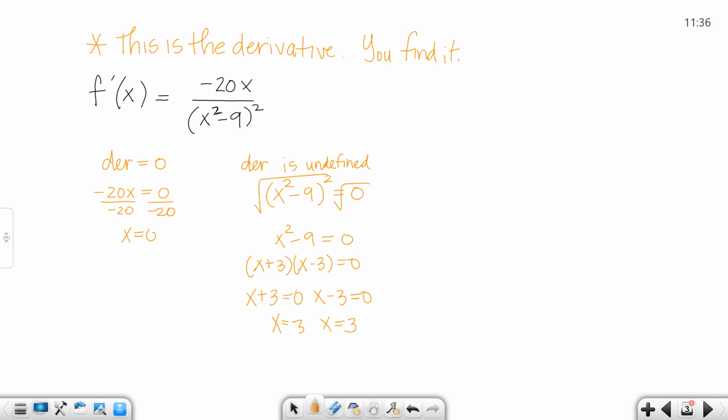So these are not all my critical numbers, but they're definitely numbers that we are going to put on our number line. This is our number line for our first derivative. Now remember, when you're putting these numbers on the number line, the first thing I have to do is look back at my domain from the previous slide.